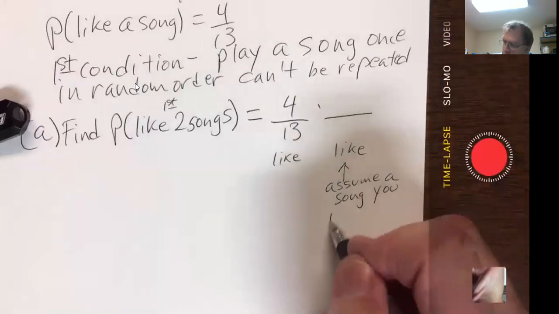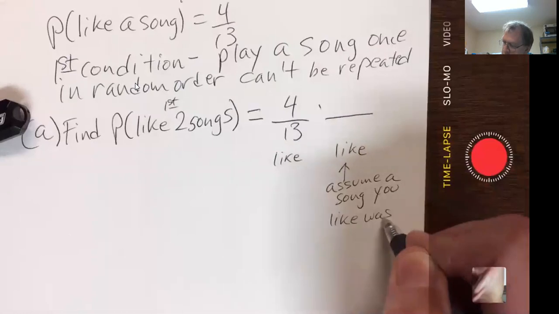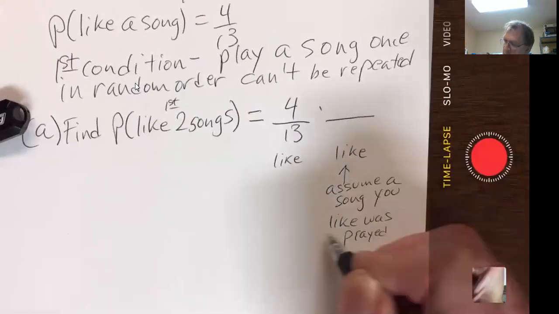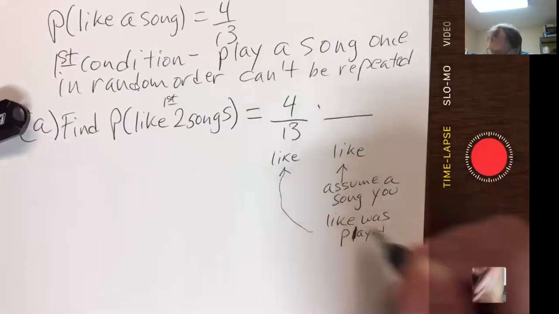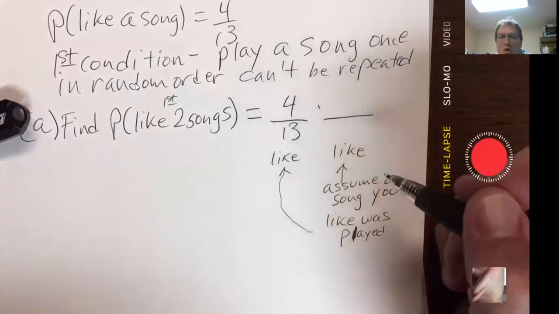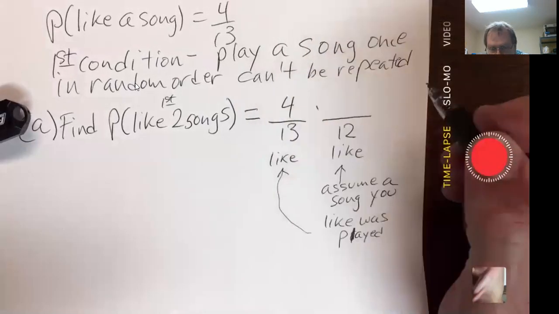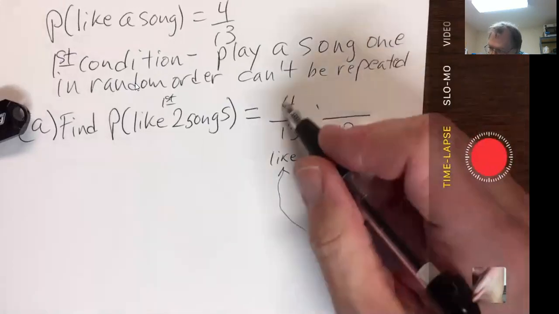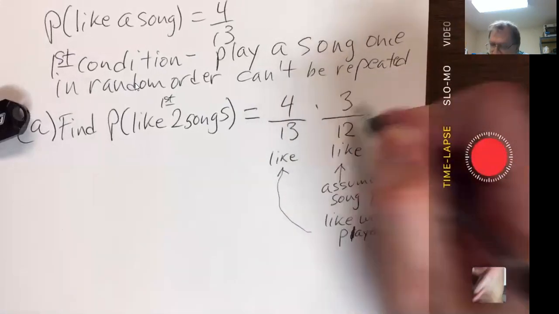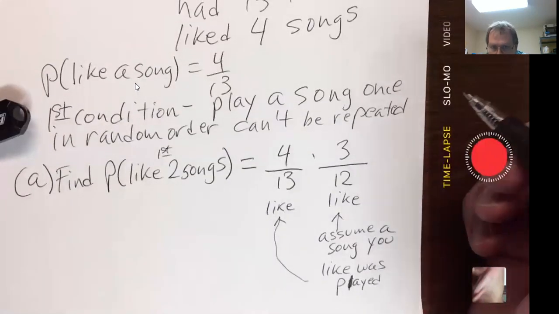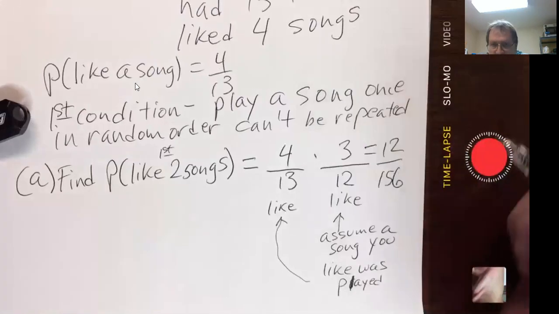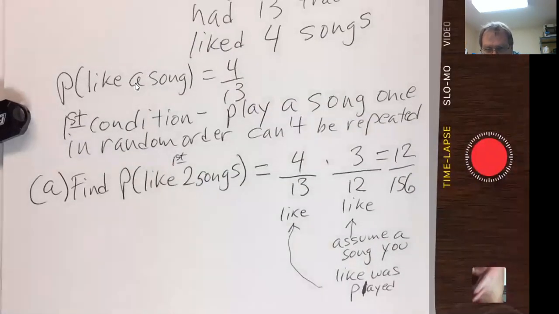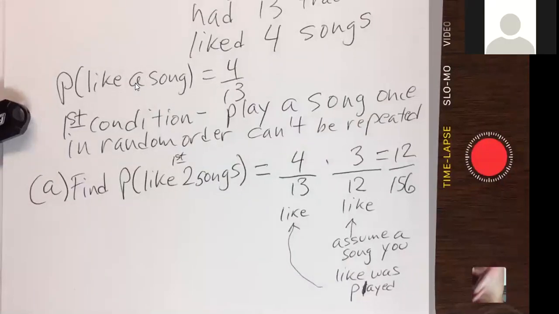That's going to leave you 12 songs to pick from. And if you like this song, that leaves 3 songs left that you like. That's going to work out to 12 out of 156. Did we go through that too fast? No, I got it. Okay.